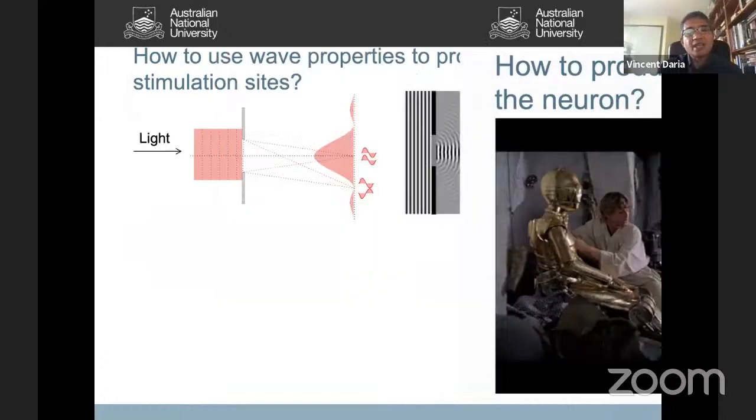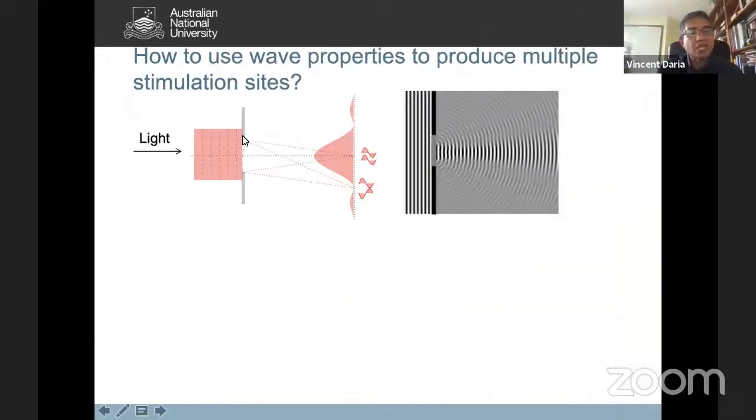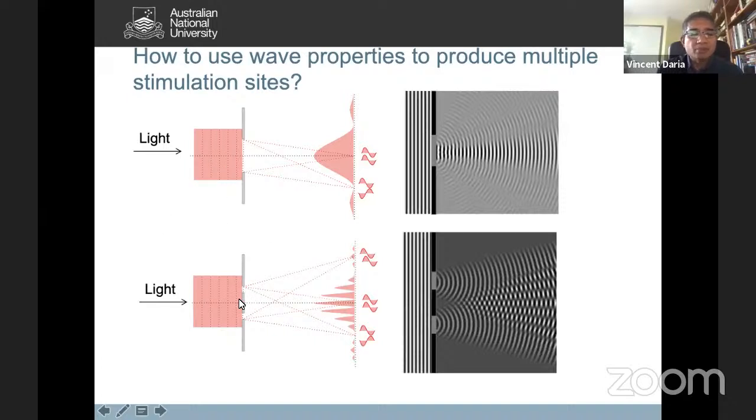The idea is that if you shine a coherent light into an aperture, the beams would interfere with each other. You can have constructive interference around here, so you get a bright spot, and destructive interference around here. If the aperture is more complex, something like a two-slit experiment, then you have a more complicated pattern, where you have bright spots and dark spots depending on the organization.